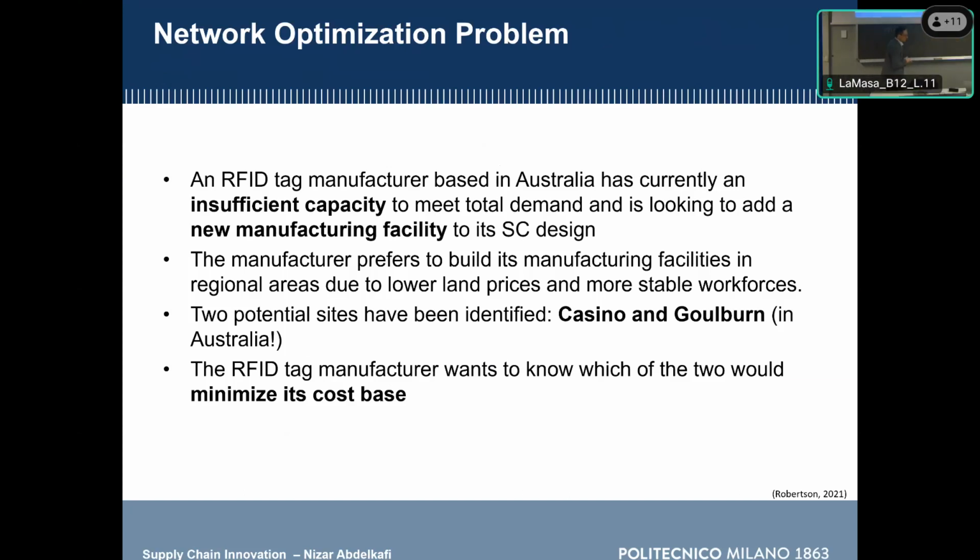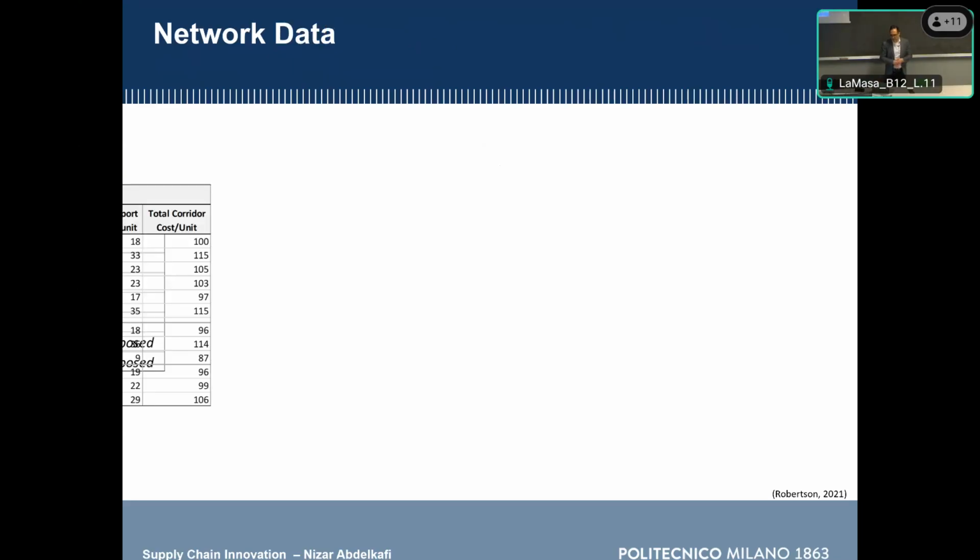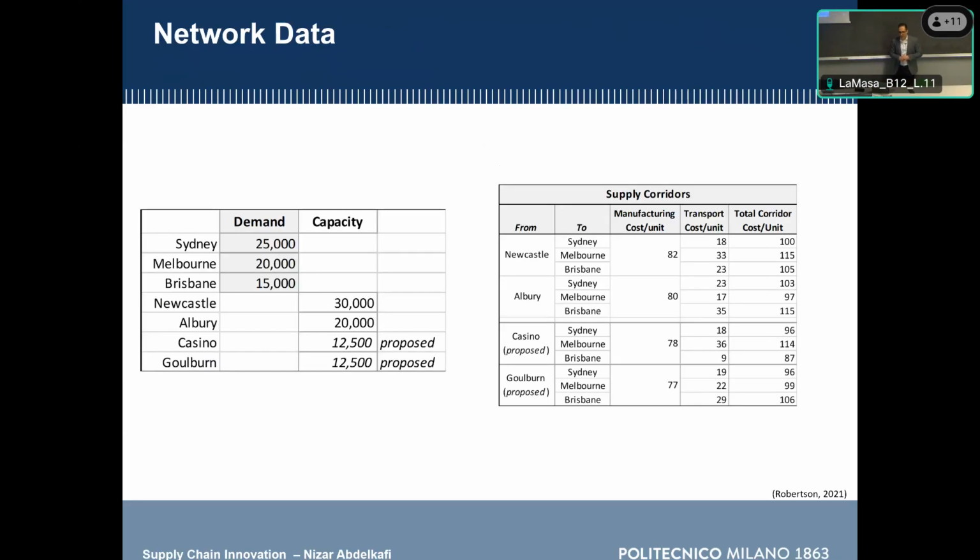Good. Of course, we need some data about this. The company will not start from zero. The company already has production plants, but it would like to extend them. The company already has some markets, and it will serve these markets with the existing plants, of course, but it will add a new one. So we have some network data. We have here three markets: Sydney, Melbourne, and Brisbane.